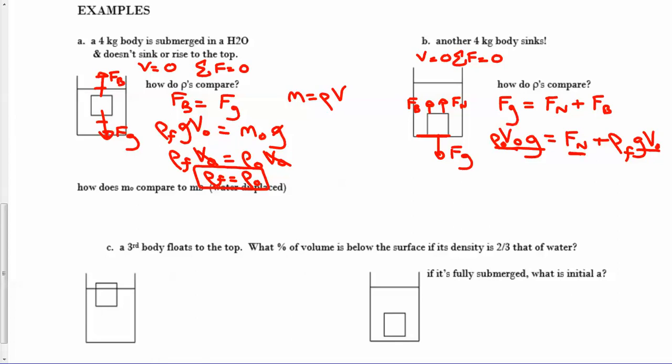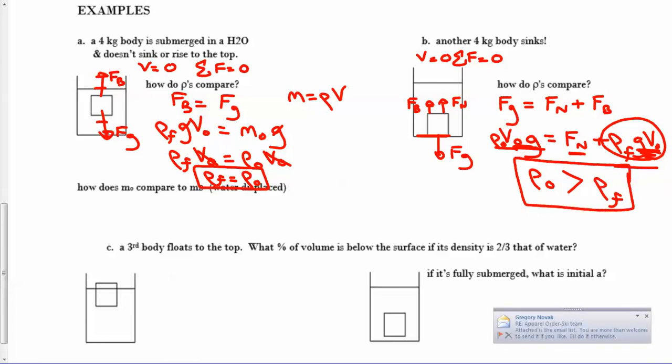So we're adding something to that quantity. And since the 2 parts of that quantity are the same as the 2 parts over here, if I'm adding something to the term on the right here, then the density of the object has got to be greater than the density of the fluid, which you guys already know. If it sinks, then we can conclude that. But here's why we can conclude that.